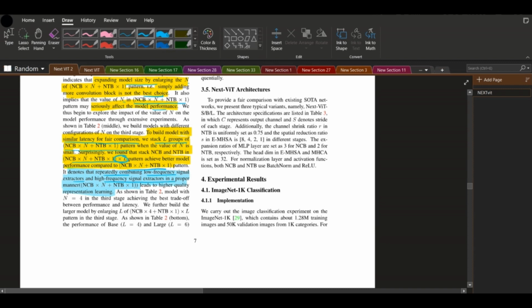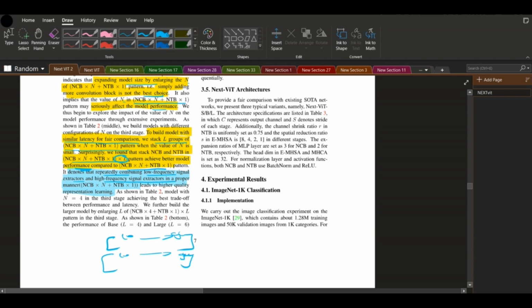So essentially for each level, we keep on getting local and global information at the end. Doing it this way, they realized that they achieve better performance. So that's what they said.